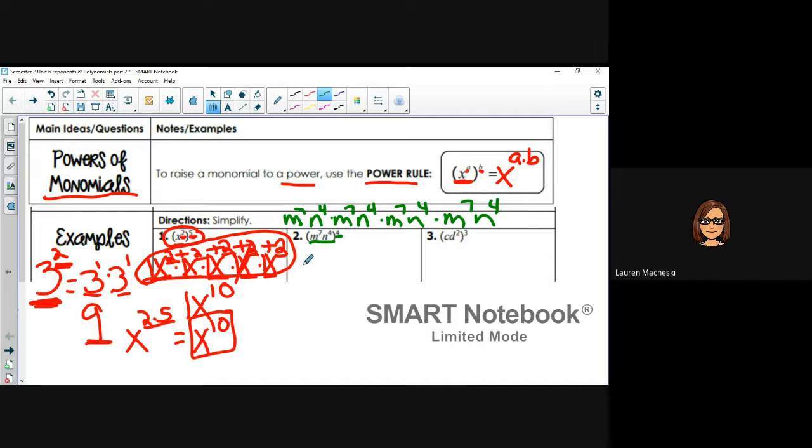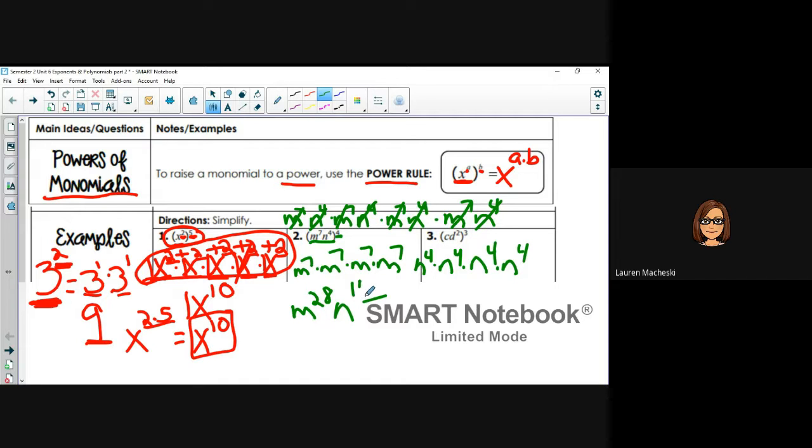So m's go with m's, n's go with n's. So I have 1, 2, 3, 4 m's, which if I add all that up, gives me m to the 28th. And then I have 1, 2, 3, 4 n's, which if I add all that up, gives me n to the 16th.